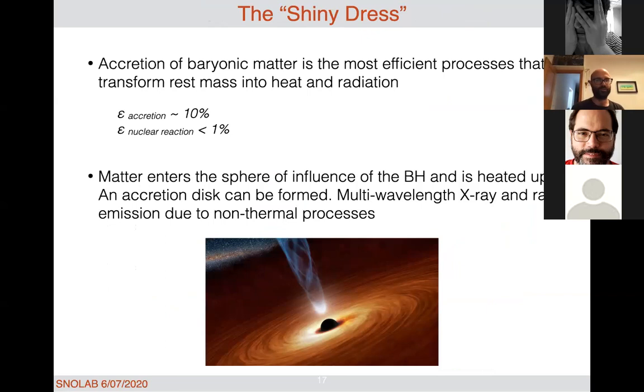It is probably the most efficient process that we know in nature to transform gravitational energy and rest mass into heat and radiation. The efficiency is larger than that of nuclear reactions, and the radiation emitted in several bands, like X-ray and radio, is very strong and detectable.